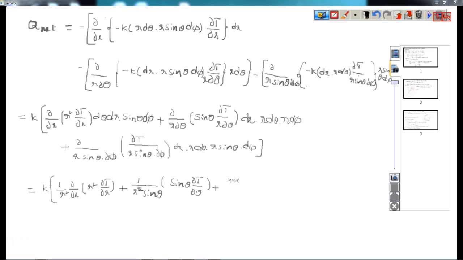Plus 1 by r square, r square, r into r square, and sin theta into sin theta, sin square theta, and dou by dou phi of what remained here, dou t by dou phi.